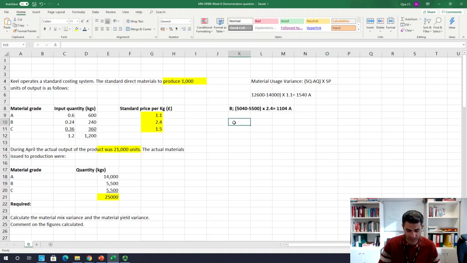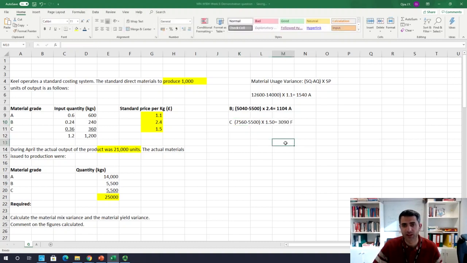So the last one we look at is material C. So again, 0.36 times 21,000 units equals 7,560, minus the actual 5,500, times 1.5, equals 3,090 favorable.